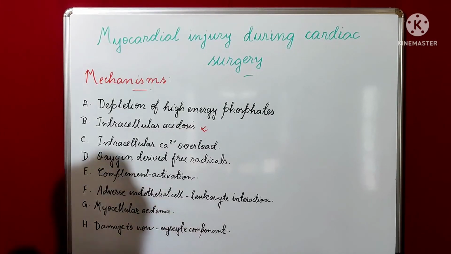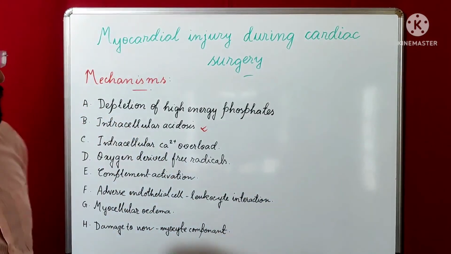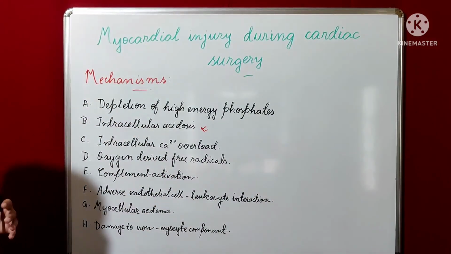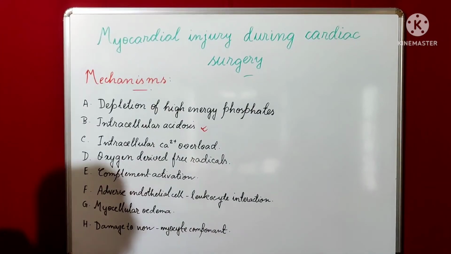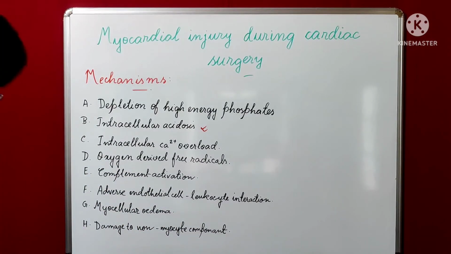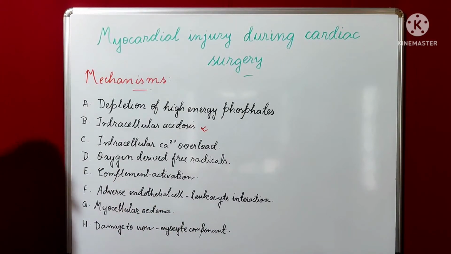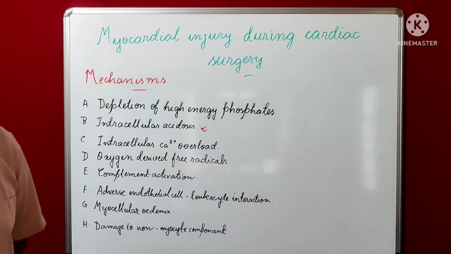There will be obstruction in the coronary circulation, especially at the level of microcirculation, and thus again it will cause an increased amount of ischemia. These are the main mechanisms of myocardial injury.